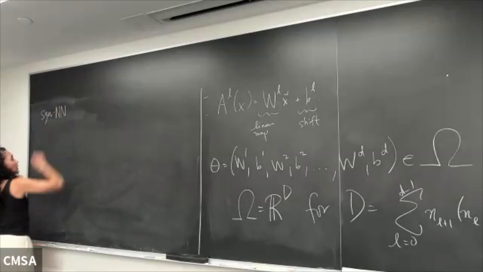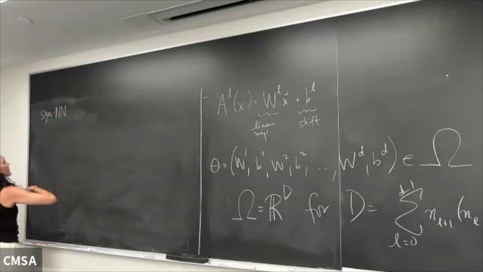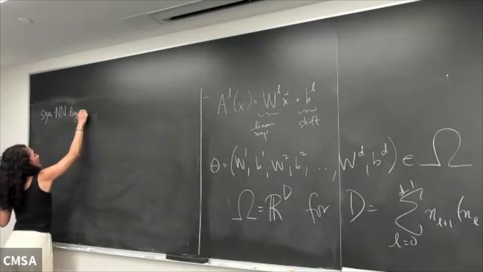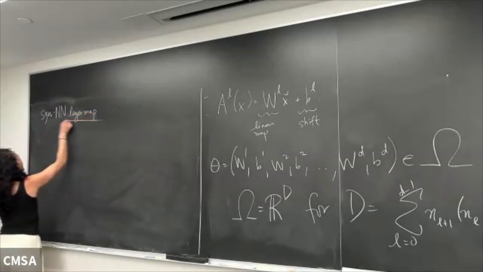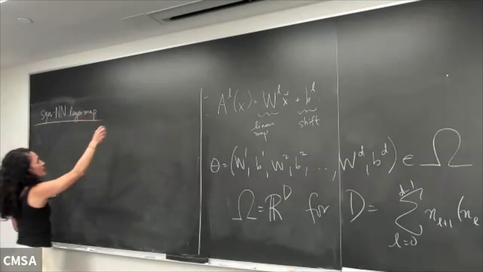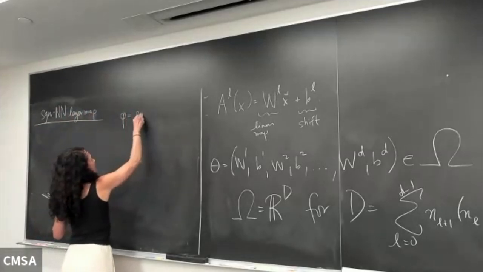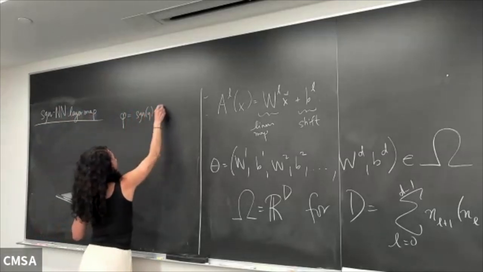Instead of relu, you use the sign function. Here your activation function is just the sign.